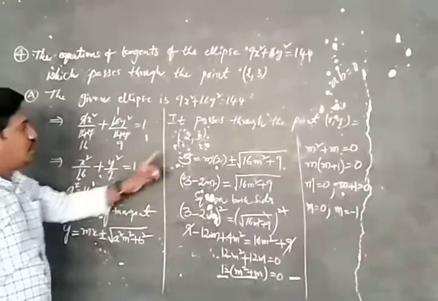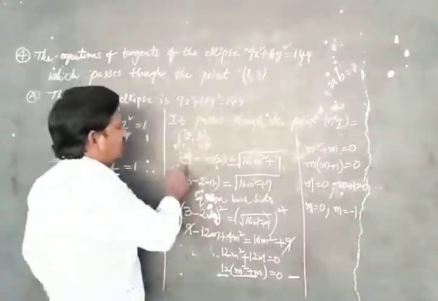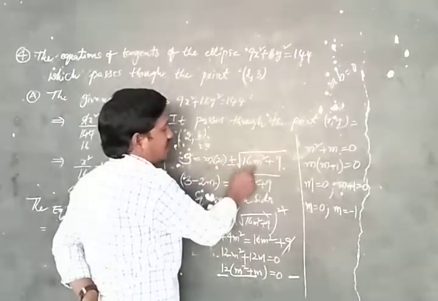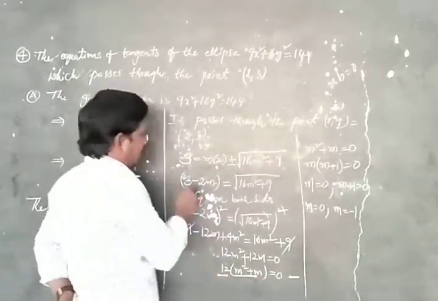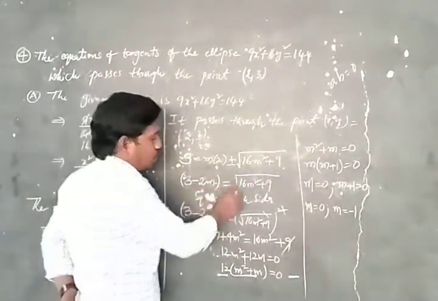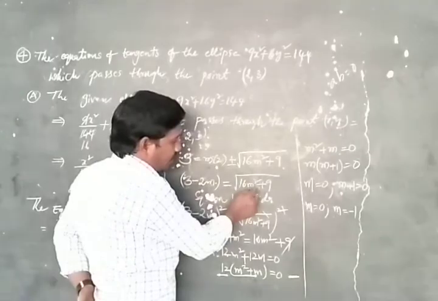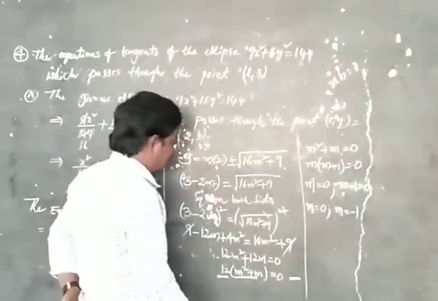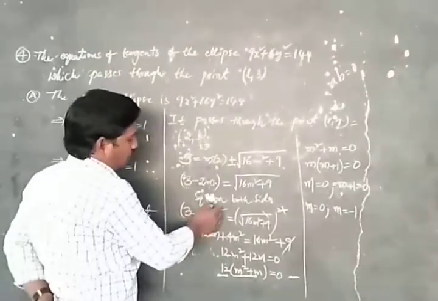Here x equal to 2, y equal to 3, so 3 equal to m into 2 plus or minus root of 16m square plus 9, and 3 minus 2m equal to root of 16m square plus 9. Squaring on both sides, (3 minus 2m) whole square equal to 16m square plus 9.